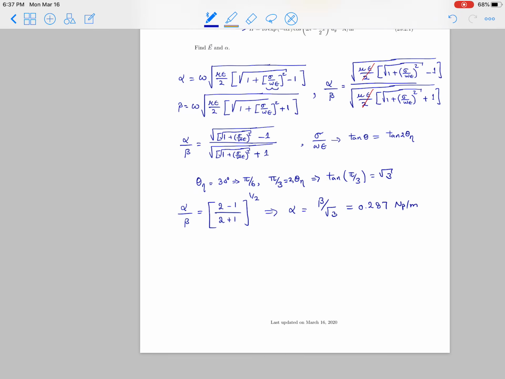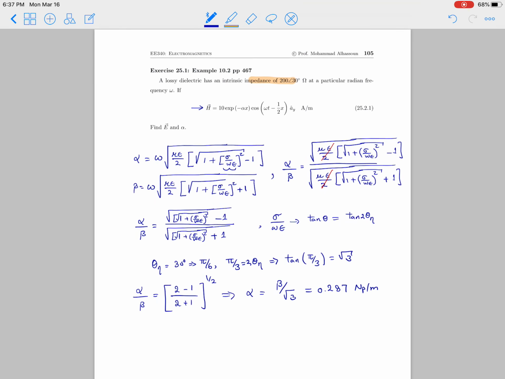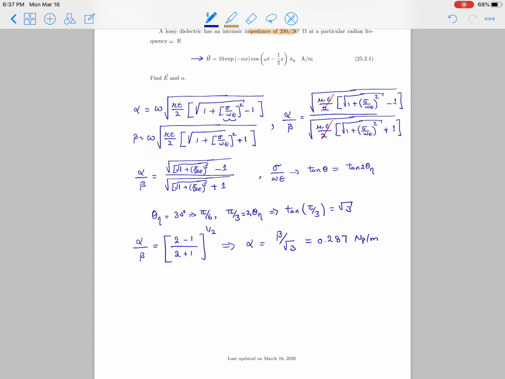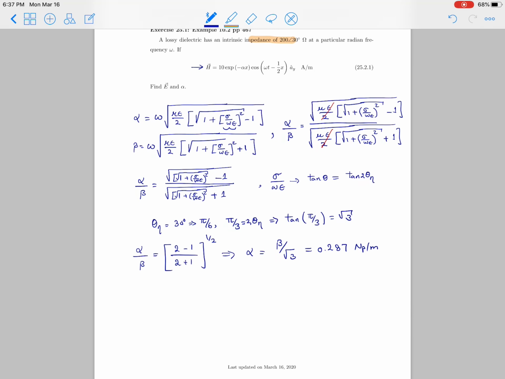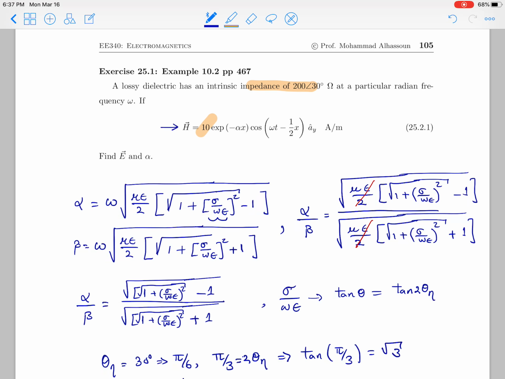Now we know alpha, and we are given the intrinsic impedance of the medium, so its magnitude will be used to scale the magnitude of the magnetic field here. And its phase will be added to the phase of the electric field.